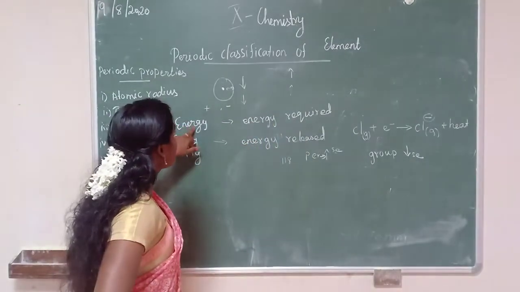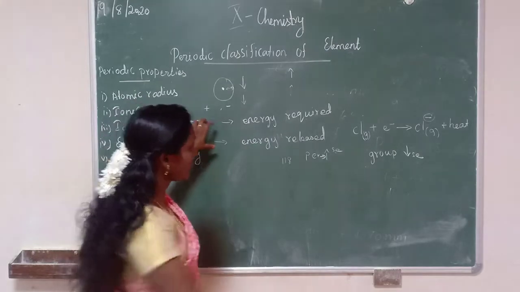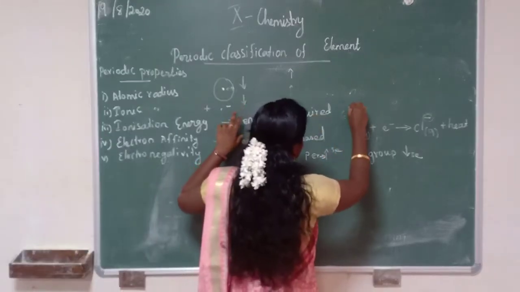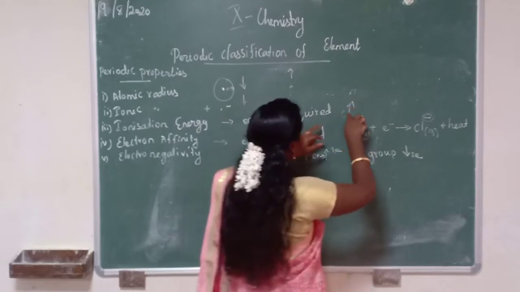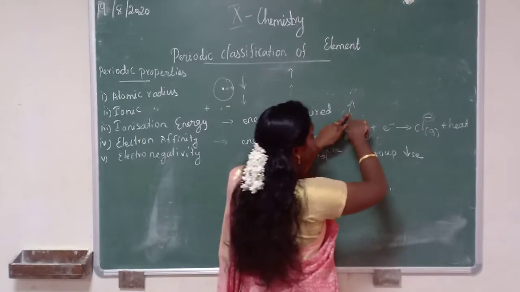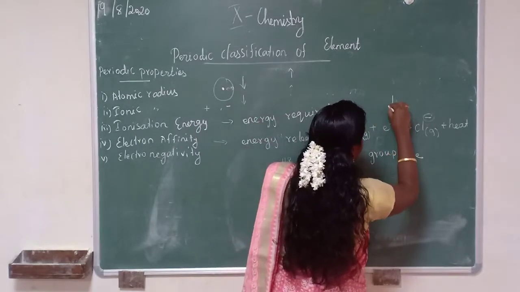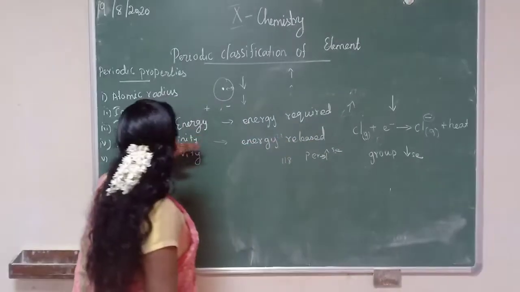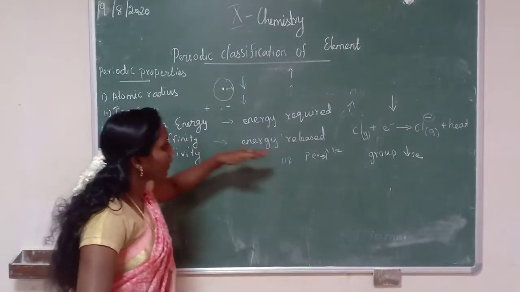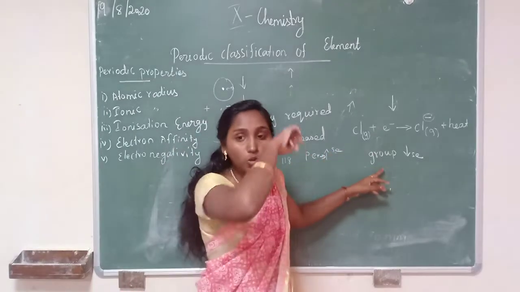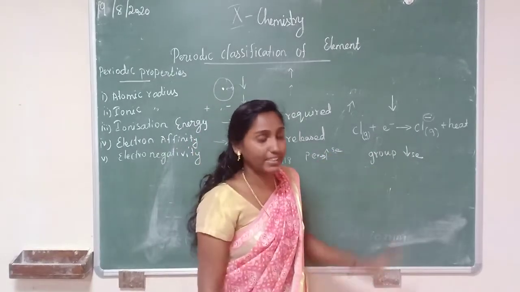Ionization energy also we studied. In a period, ionization energy increases. In groups, ionization energy decreases. Okay, like that, in a period, electron affinity increases. In groups, electron affinity decreases.